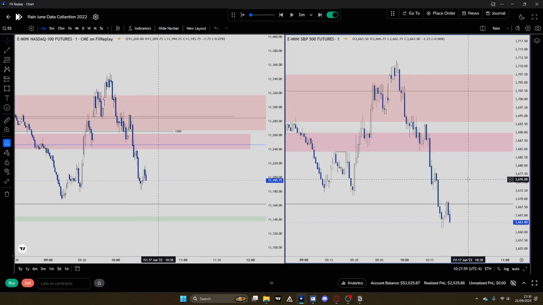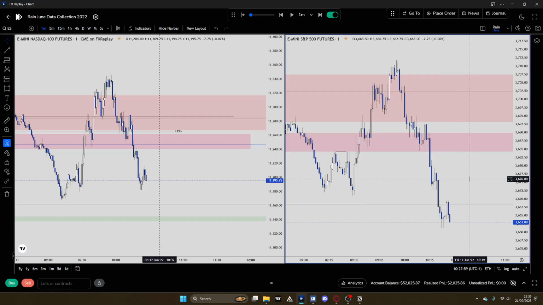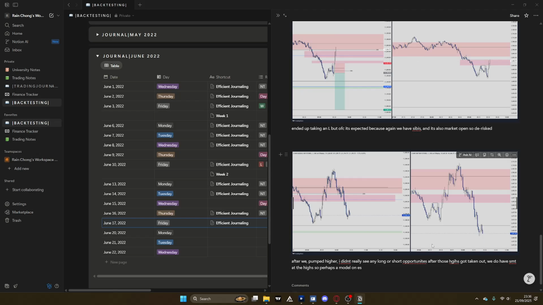Is that model on ES? Maybe on 15? Not in these conditions.